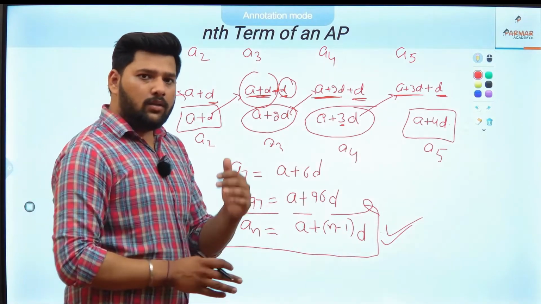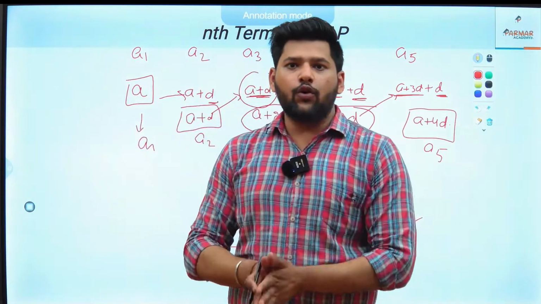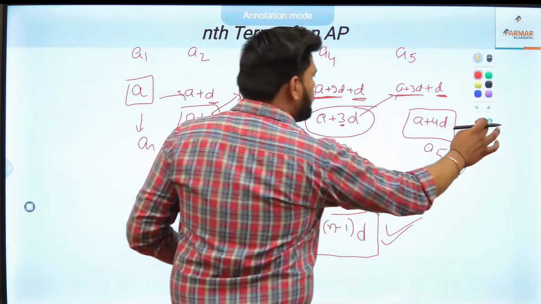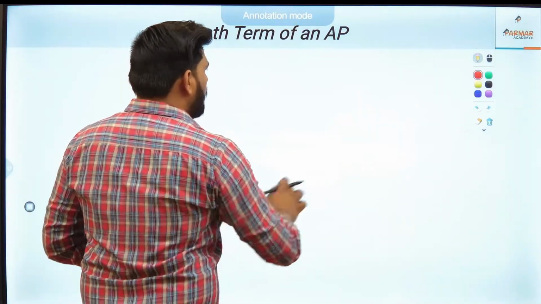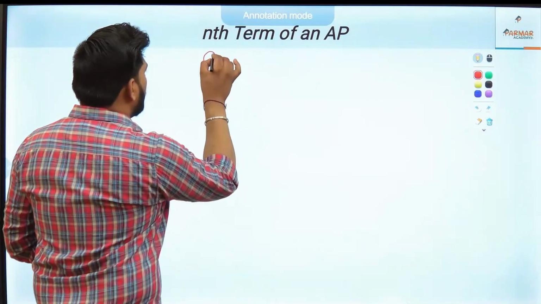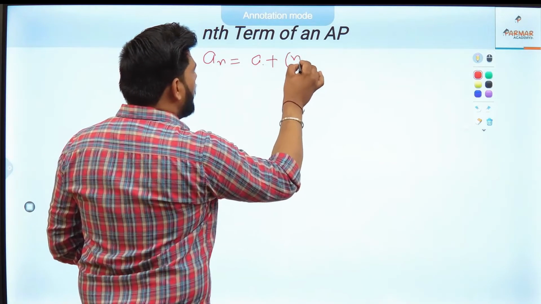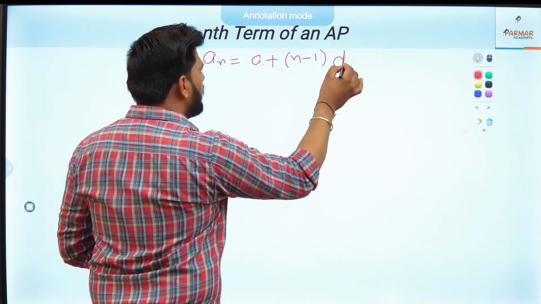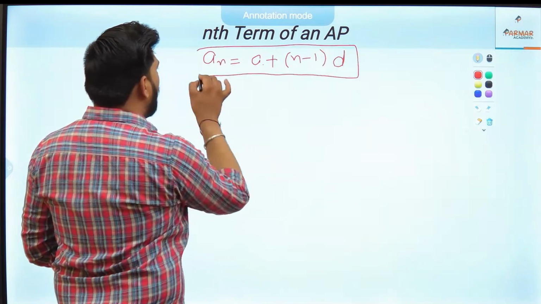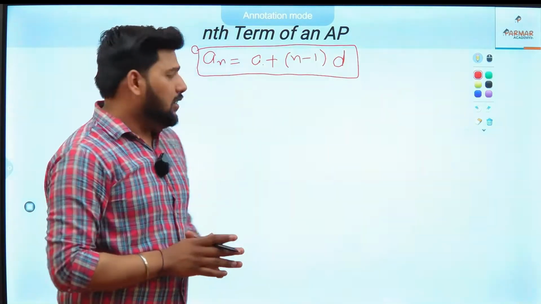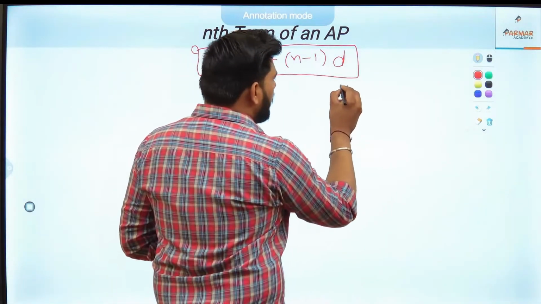So here there is a basic confusion that students have, let's clear that. First of all, the formula is an is equal to a plus n minus 1 d. This is the basic formula of the nth term of an AP sequence. So what is an here?